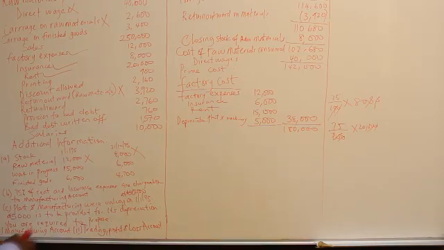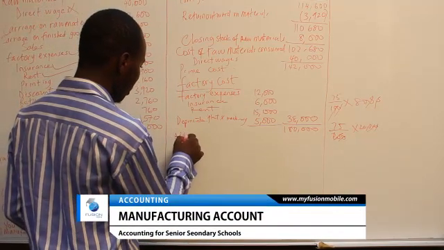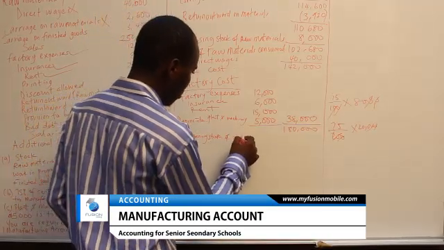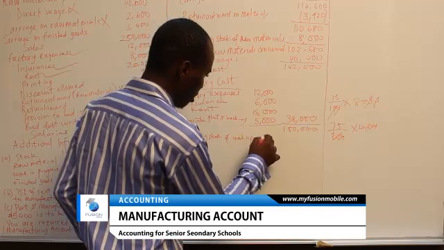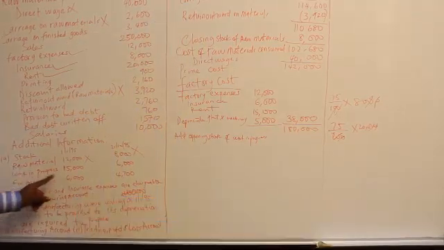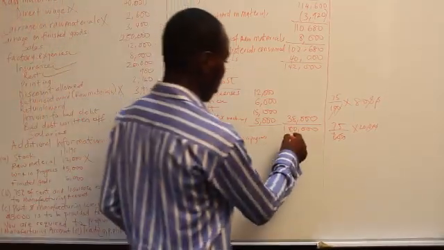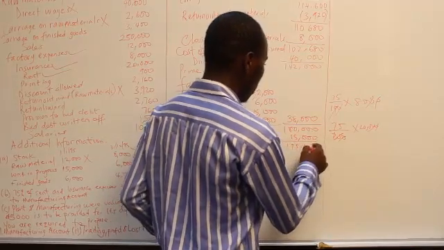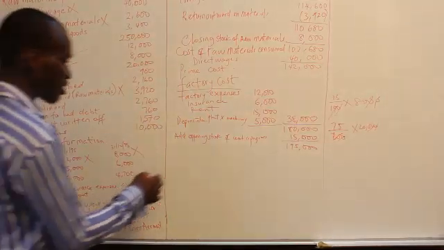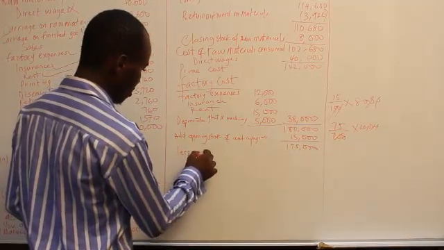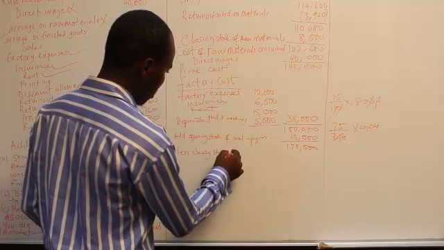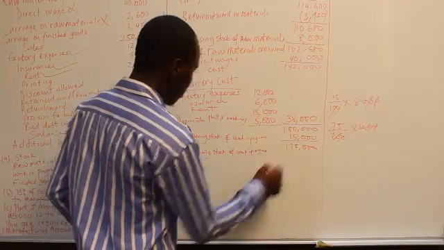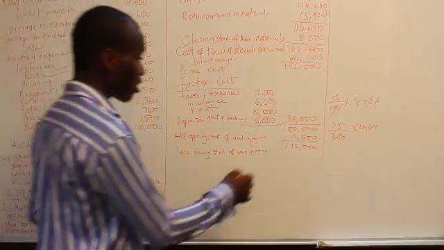Add opening stock of work in progress, which is 15,000 naira, so 195,000. Then we less the closing stock of work in progress, which is 6,000 naira.